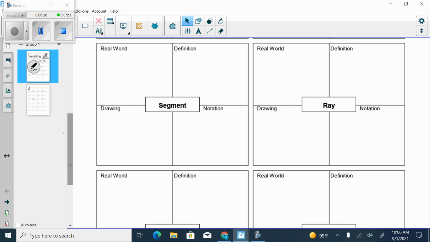Next one we're looking at is a segment. We kind of had an example of this today. What did we say that a line segment was? Right. A portion of the line containing what? What did it have on either end? Endpoints on either end. Very good. So a portion of a line containing two endpoints.